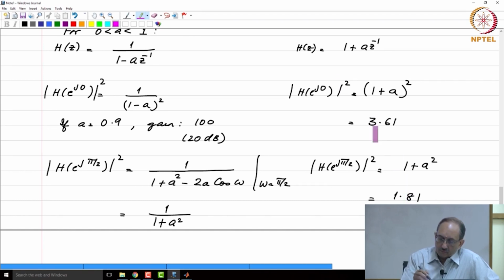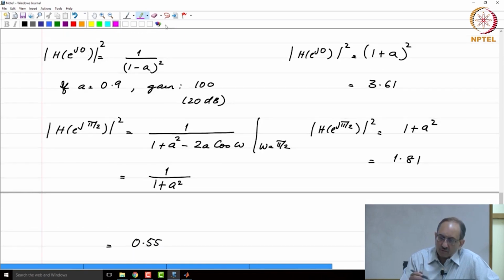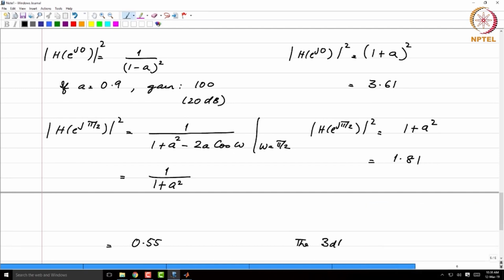Therefore, you can infer that the 3 dB bandwidth is pi by 2, because at pi by 2 the magnitude squared has dropped by half.